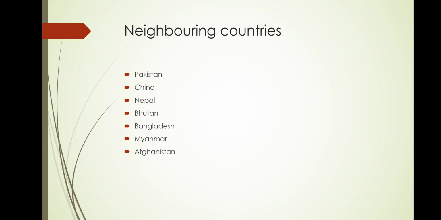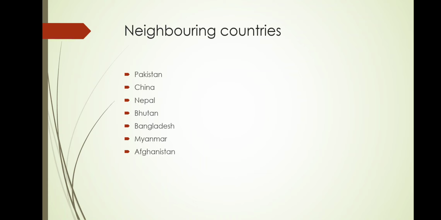Okay, the neighboring countries, because neighbors are always very important, so we should know who our neighbors are. So first is Pakistan, a very important neighbor. It was once part of India. Its capital is Islamabad, and its prime minister, you should also remember, is Shehbaz Sharif now.